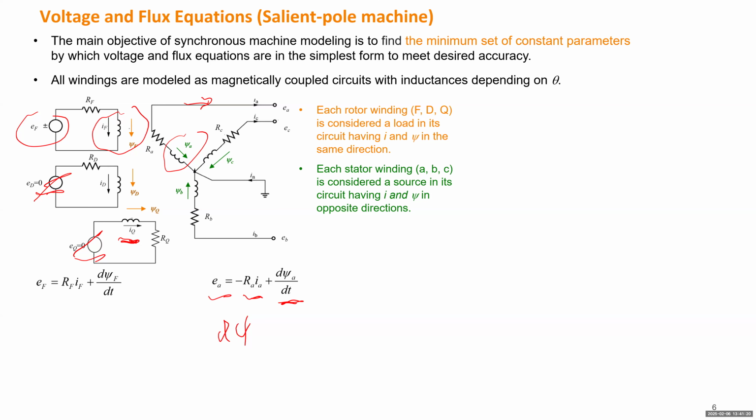Maybe we can write the equation this way. This is the source on the stator winding, and on the right-hand side there will be a voltage drop, first on the resistance, then on the load. So that is the same equation as here. If we move the R times I to the left-hand side, that's the same.